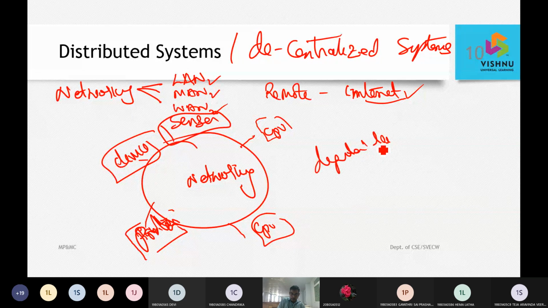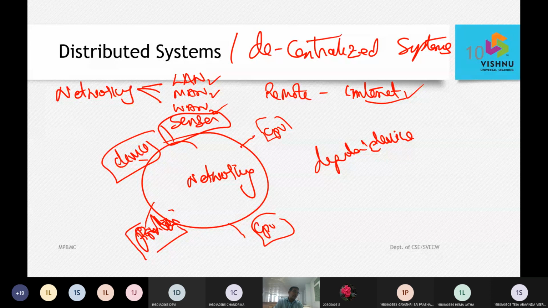Whatever digital device we adopt, that device can be connected to a network and we are able to communicate with one another. So that is all regarding distributed systems.